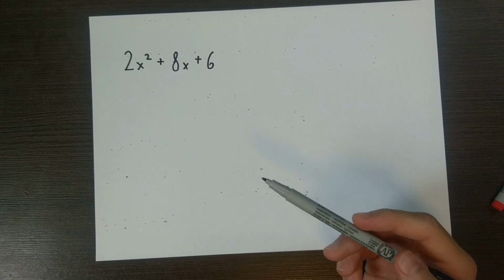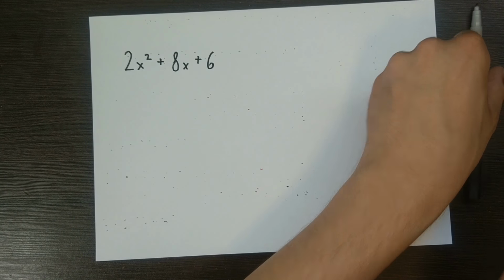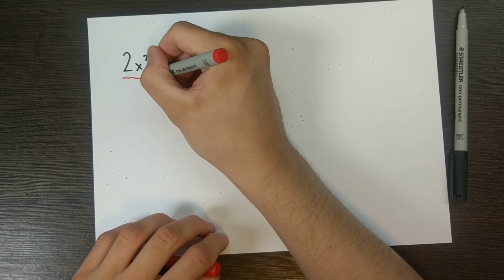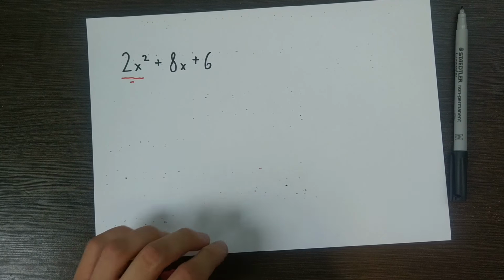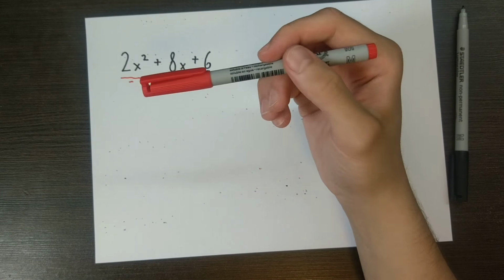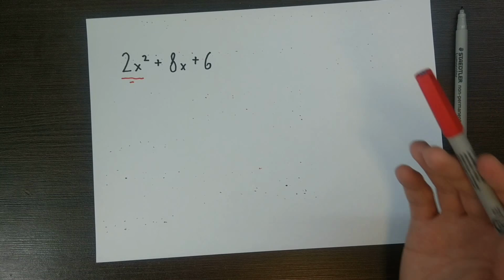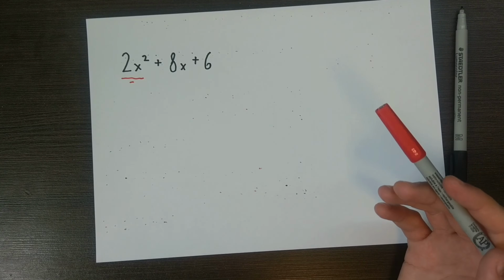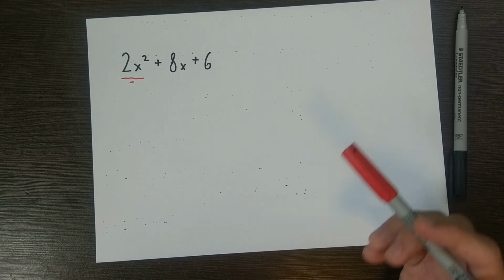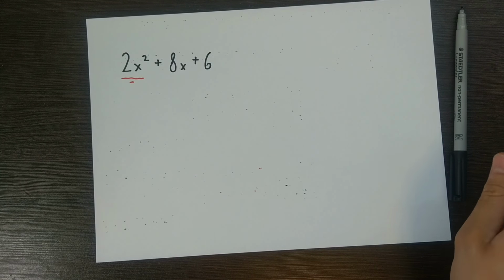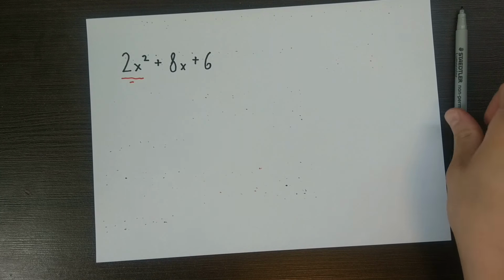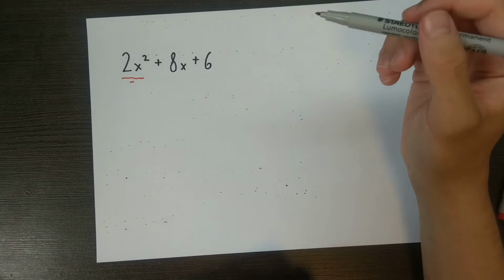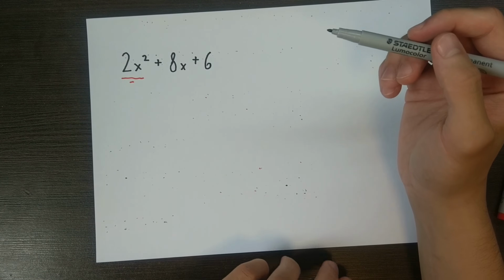The problem we have here is here. That's our problem. That if we have x squared, it is more than 1. And that will change our rules slightly. But never fear, there is a logical way of doing this.